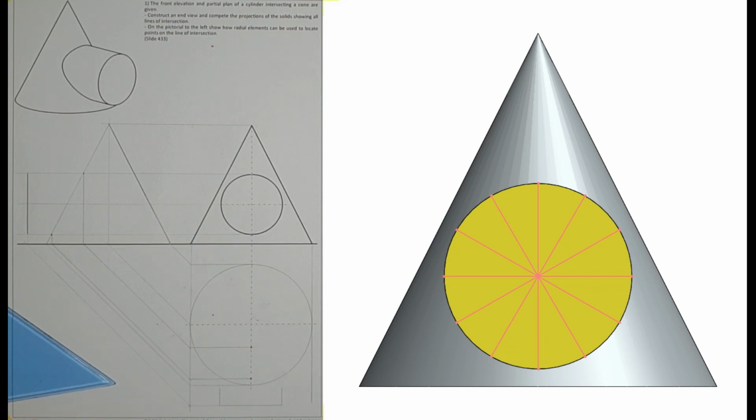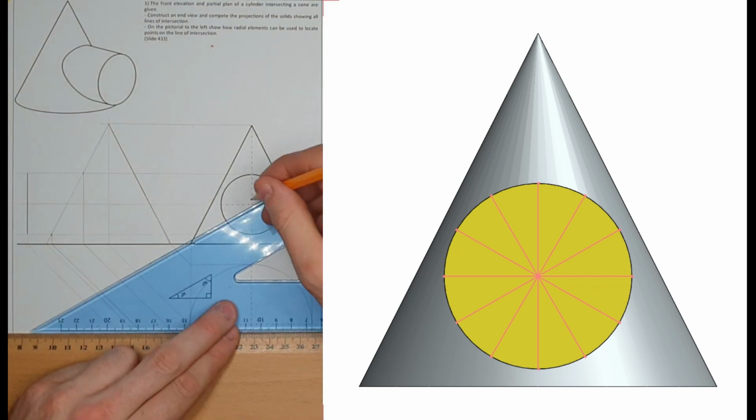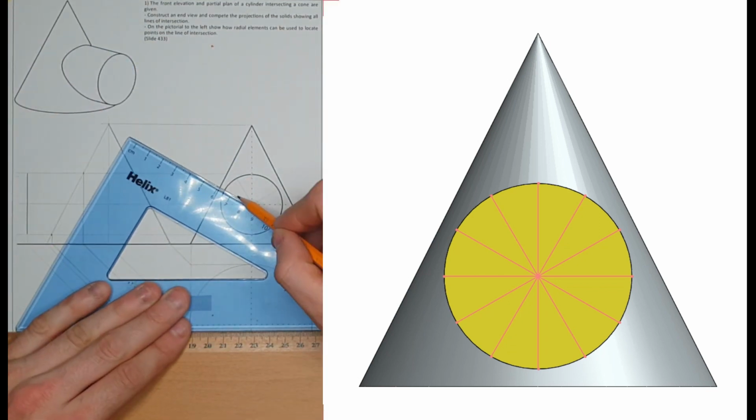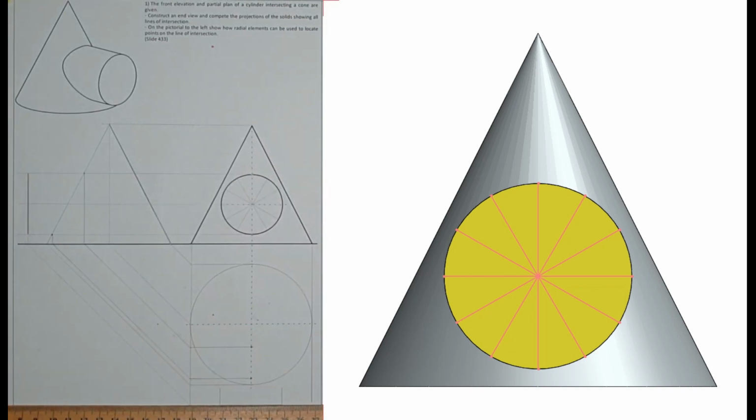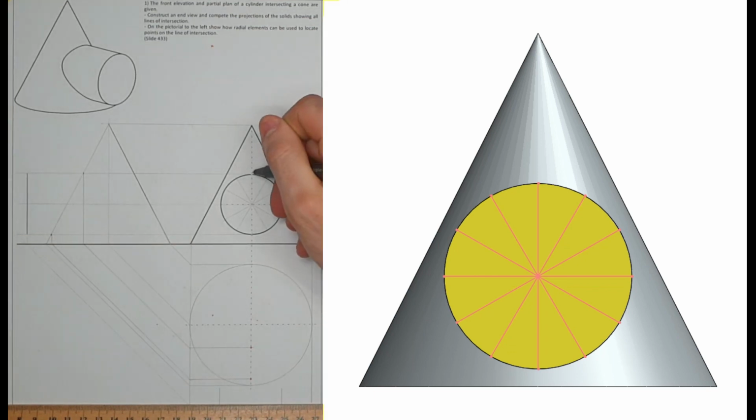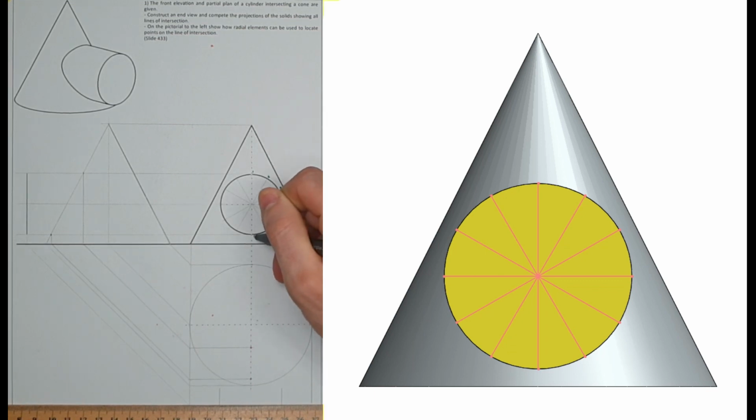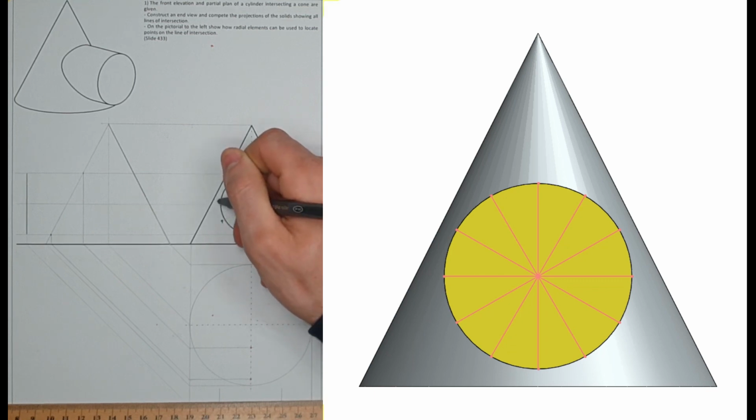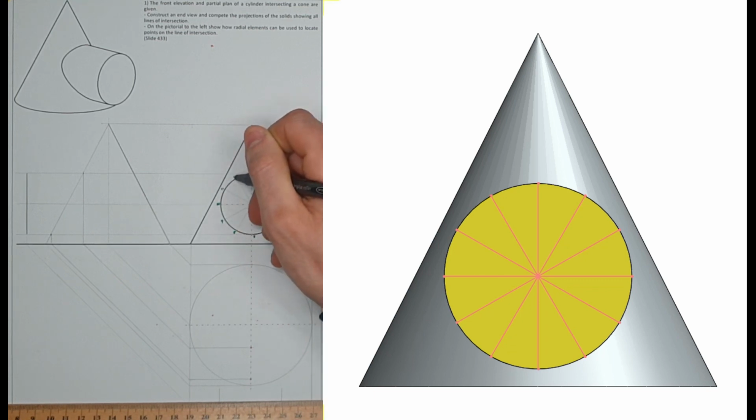I'm going to break up my elevation now, just like is shown there in the model. And I'm going to add some numbering at this point. So if I just make my way around, maybe from point 1 up top, 2, 3, 4, 5, 6, 7, 8, 9, 10, 11 and 12.